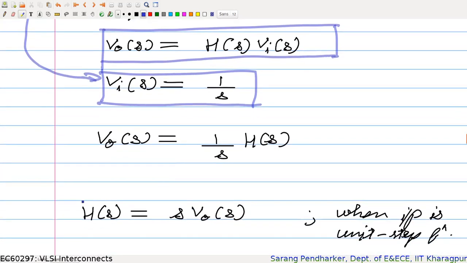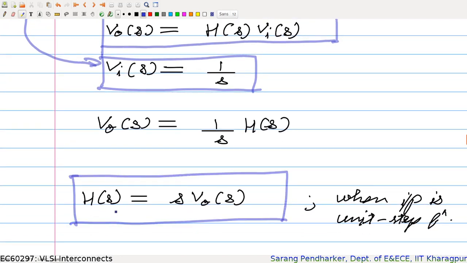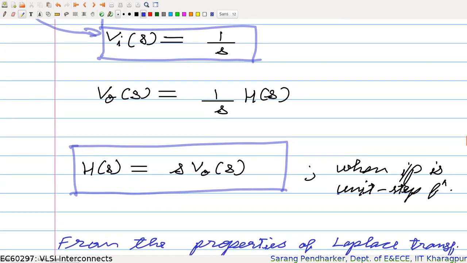I can rearrange this equation to get H of S as something like this. So H of S is S times V out of S, where we should always note that this is true when your input is a unit step function, right?